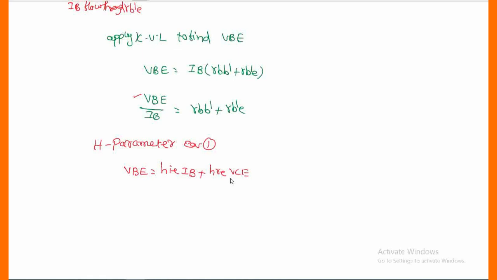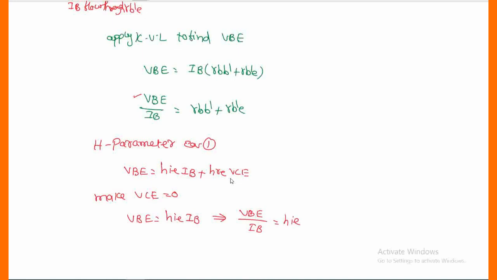Making VCE equal to 0 as per our previous discussion, we get VBE is equal to HIE·IB, so that VBE by IB is equal to HIE.